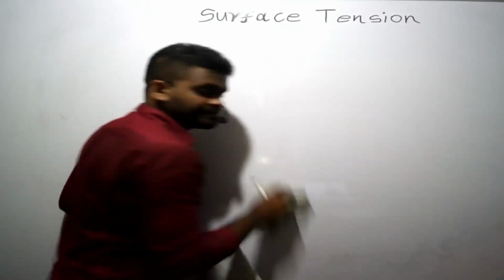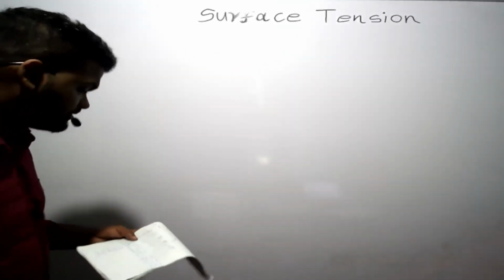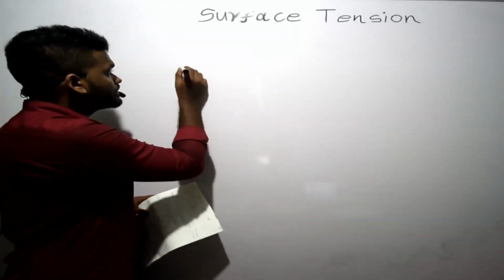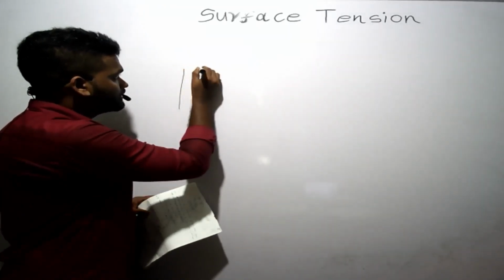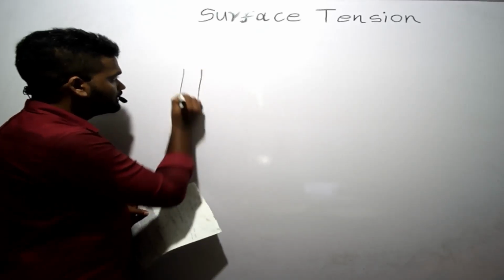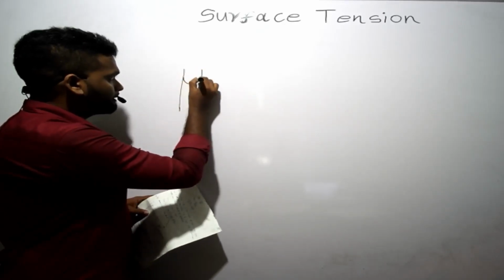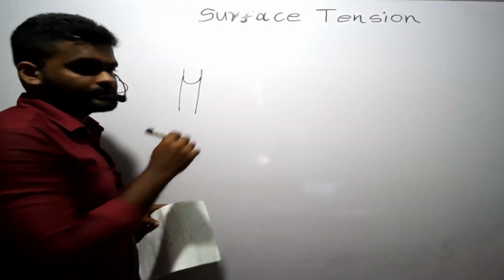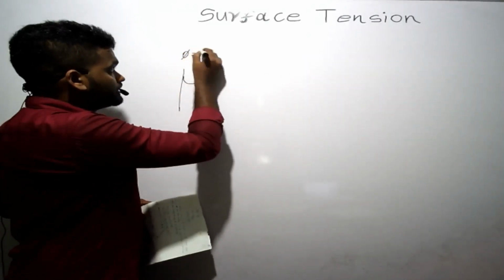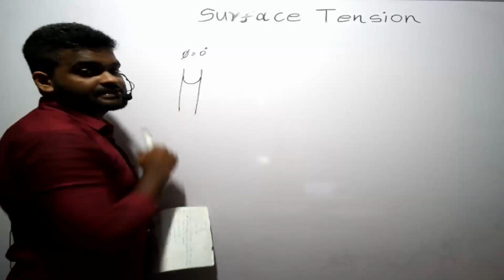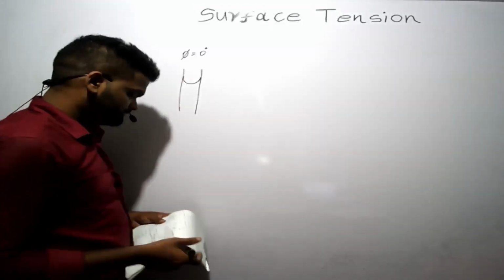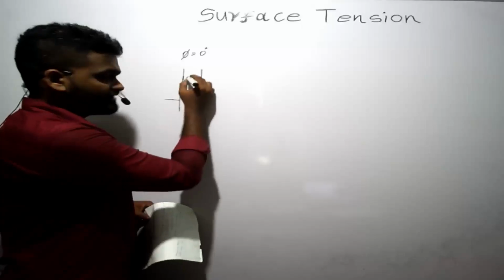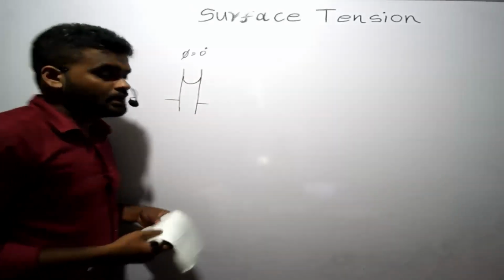So we'll see what happens there by an image. Let's say here, right? Let's start from a hemisphere. Let's say contact angle is 0 degrees here. 0 degrees. So you have a hemispherical shape.